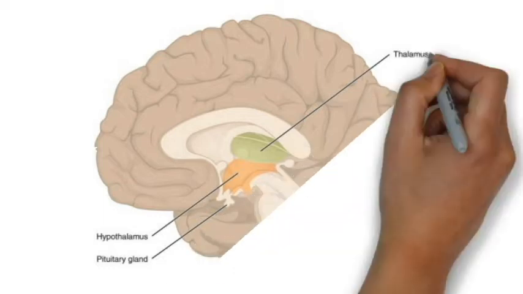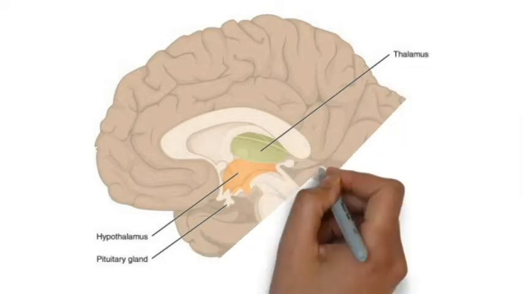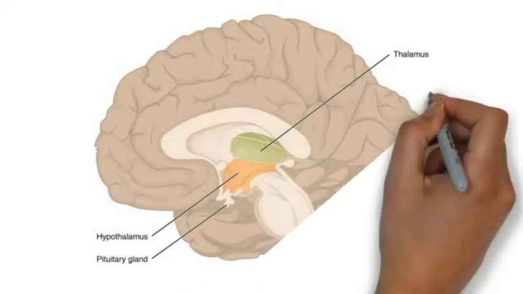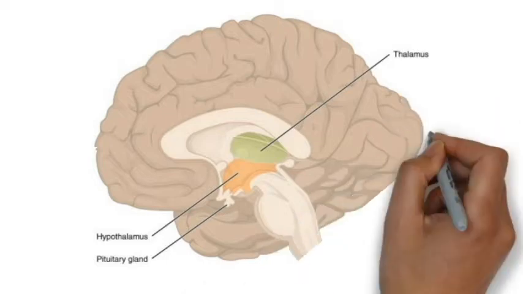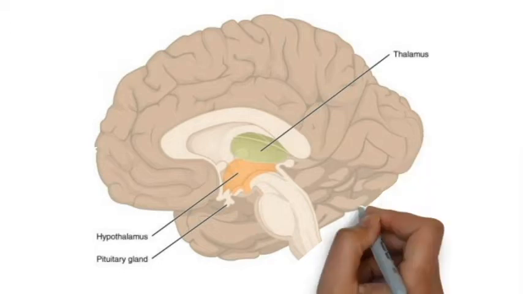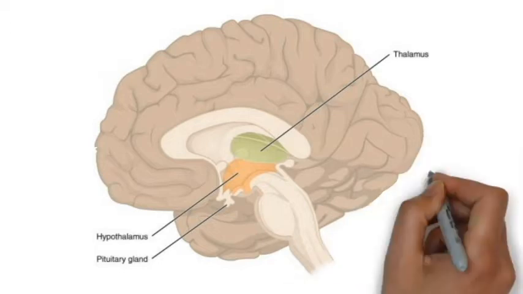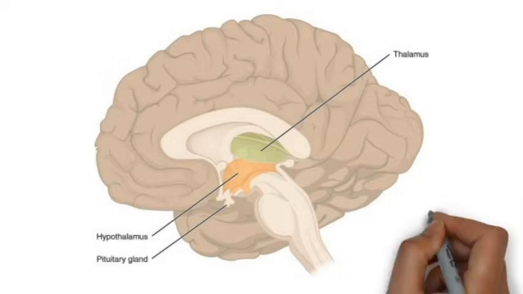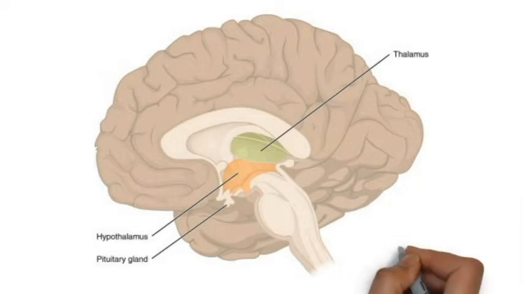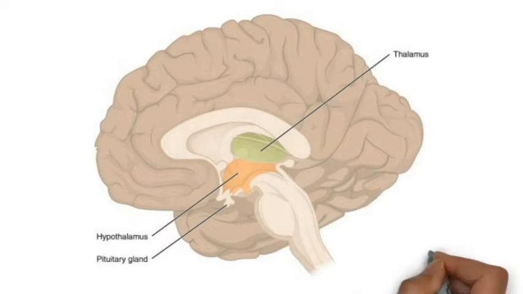So, what is the thalamus? The word literally means anteroom, the room before something. And that is actually what the thalamus is. All sensory information except smell goes through the thalamus, where it is then redirected to the areas of the brain, specifically the cortex, to give meaning to that sensory information.